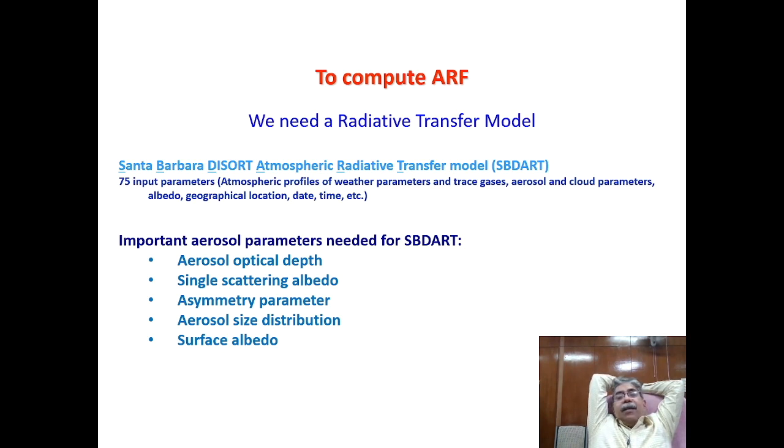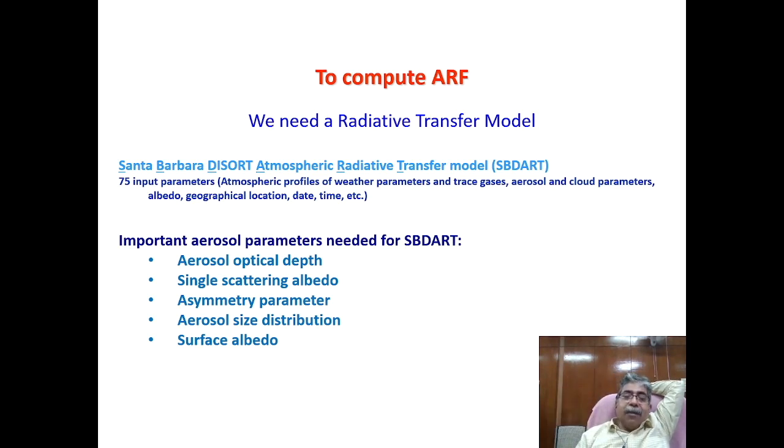And then finally, the output can be obtained in terms of watt per meter square of flux at different levels in the atmosphere, through which eventually the aerosol radiative forcing on a local scale, on a regional scale, or on a global scale can be obtained. Now, the important parameters that we need here are the aerosol optical depth, single scattering albedo, asymmetry parameter, aerosol size distribution, and surface albedo.